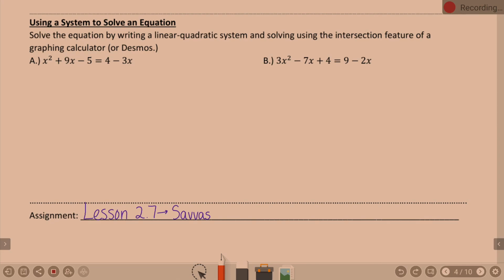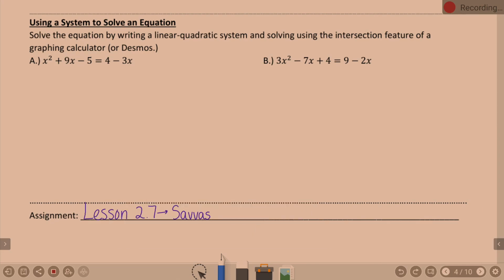However, if you have graphing technology available, which we do, then we have another option. So they say to use the graphing calculator. I'm going to have you guys use Desmos. But the idea here is solve an equation by writing a linear quadratic system and solve using the intersection feature of a graphing calculator.